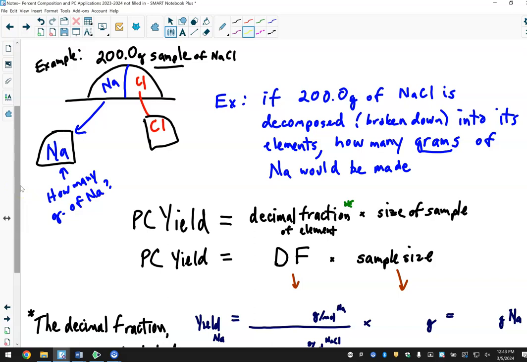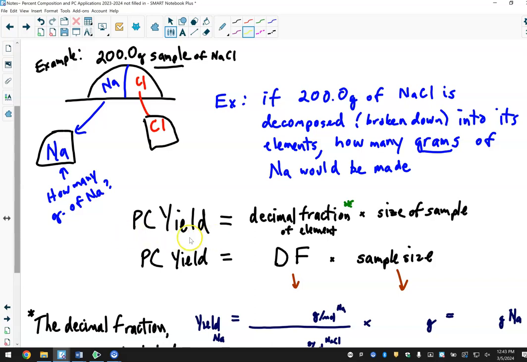In other words, you're going to do part over the whole, but you're not going to multiply by 100 to turn it into a percent. You know what I mean? So whatever it is, 0.393. You with me? Because if you multiply by 100, then you're getting 100 times more grams. See? So what does it mean when you take 39% of 200? It means you multiply 200 times 0.39, right?